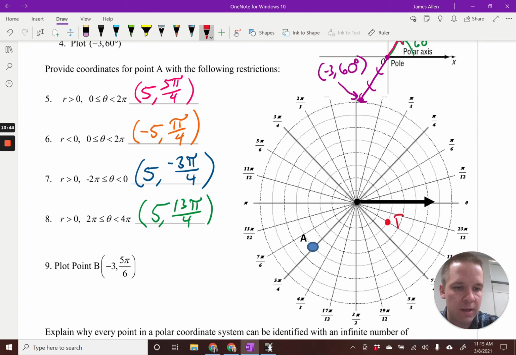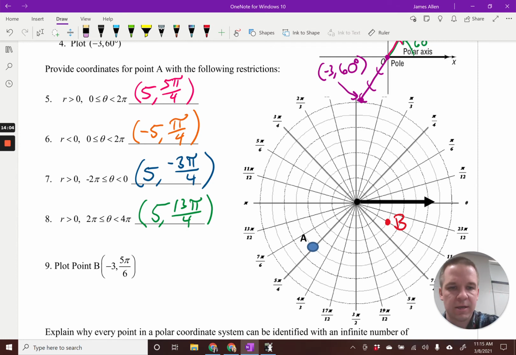Boom. There is B. Cool, cool. So again, I counted out 3. There's my 5 pi over 6, but it was a negative radius, which means I had to reflect over that pole. All right. I like it.